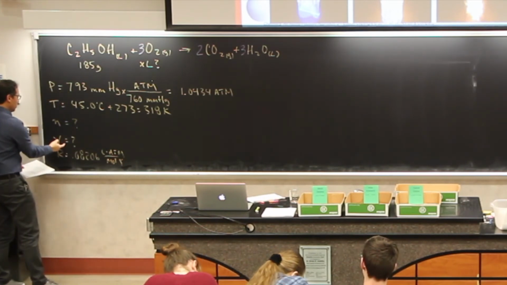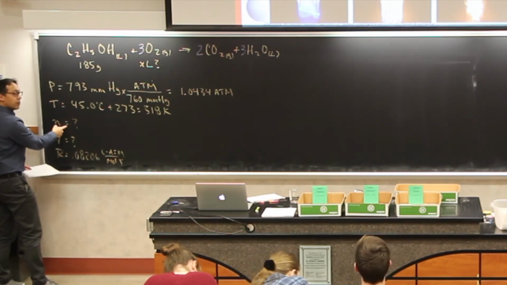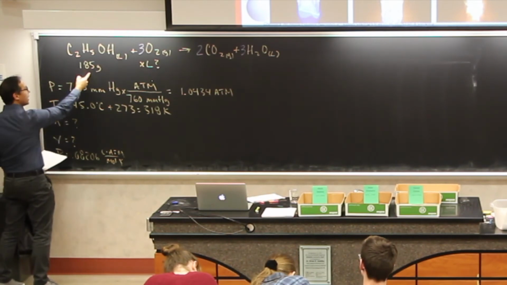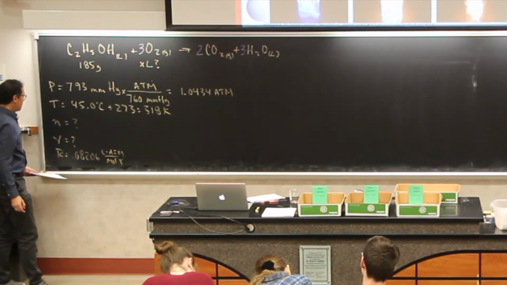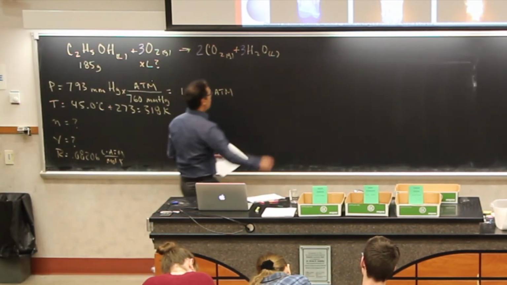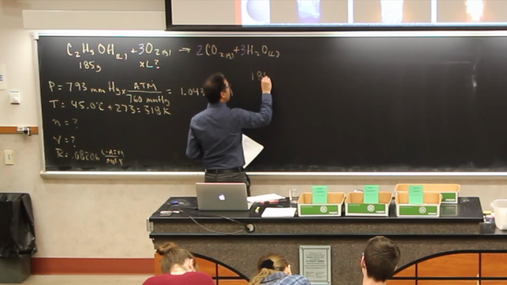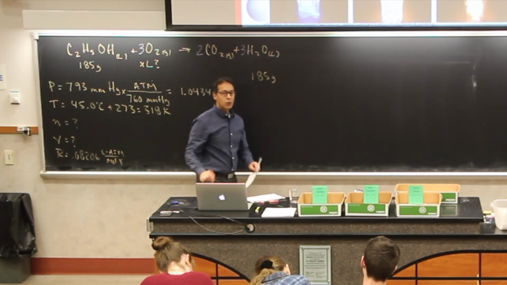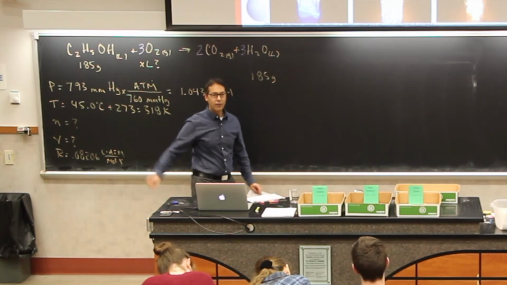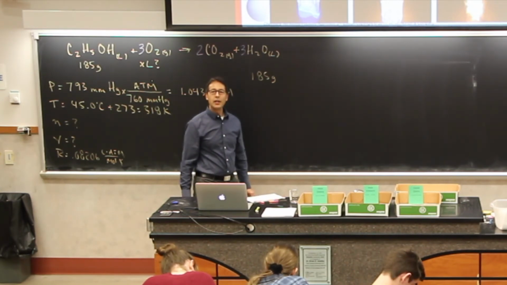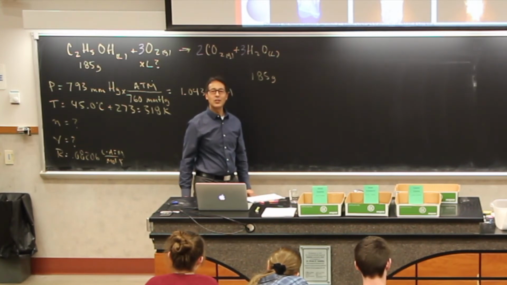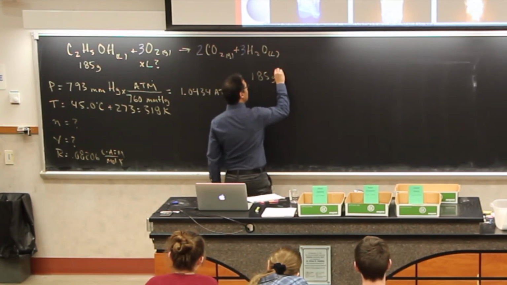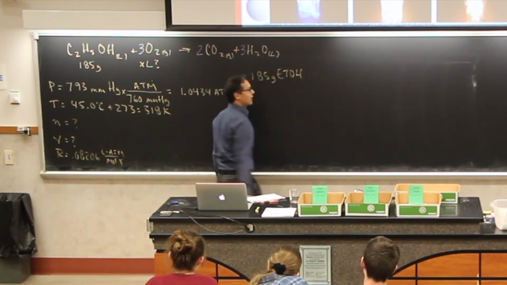Now I don't know volume, but I think I can solve for moles. I've got 185 grams, and I can convert that into moles. So I'm going to go 185 grams. And I'm too lazy to write out the formula here for ethanol. So, hey guys, do you remember how organic chemists write ethanol because they're lazy? ETOH, awesome. ETOH, nicely done.